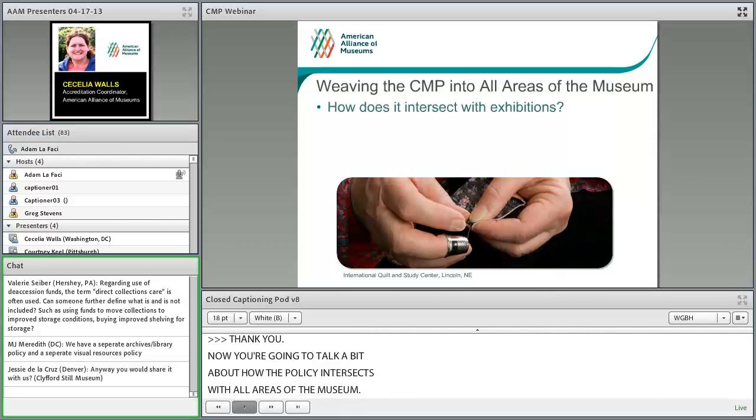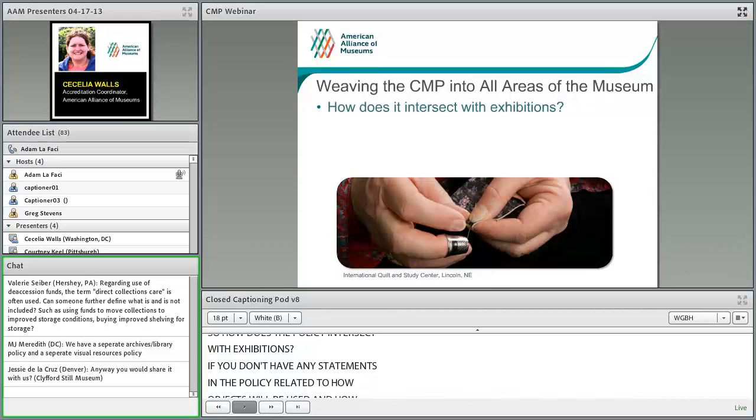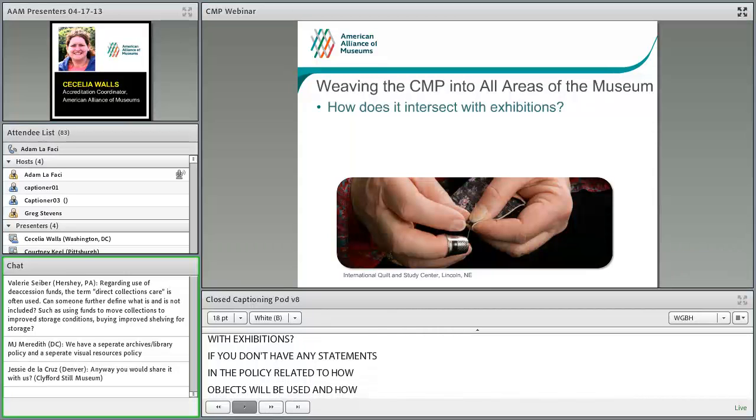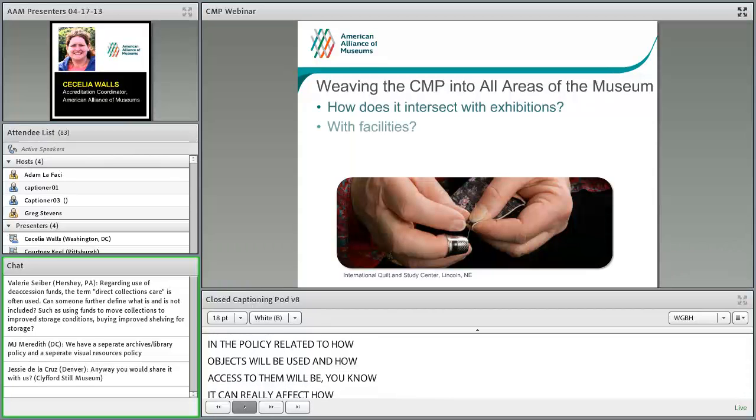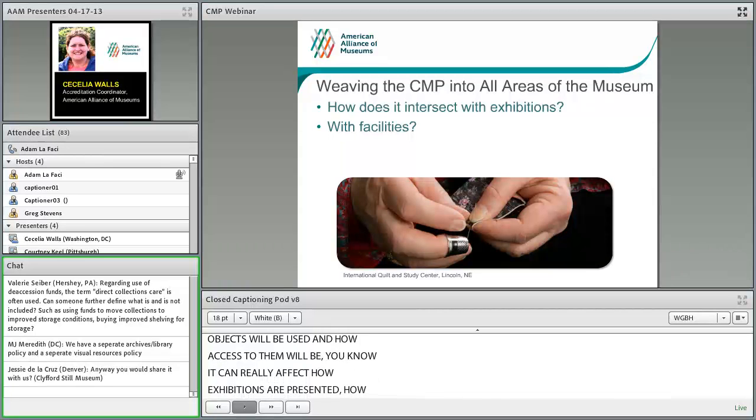If you don't have any statements in the policy related to how objects will be used and how access to them will be, it can really affect how exhibitions are presented, how objects are cared for while on exhibition. And if your facilities do not meet the needs of the collections, then you're going to have issues with care and stewardship as well.